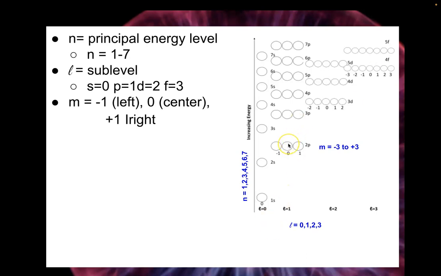So you could have a quantum number that went 2, 1, +1, and that would mean you had an electron right here in this orbital. If it was 2, 1, 0, it would mean your electron was in this middle orbital. And if it was 2, 1, -1, that would mean your electron was here.